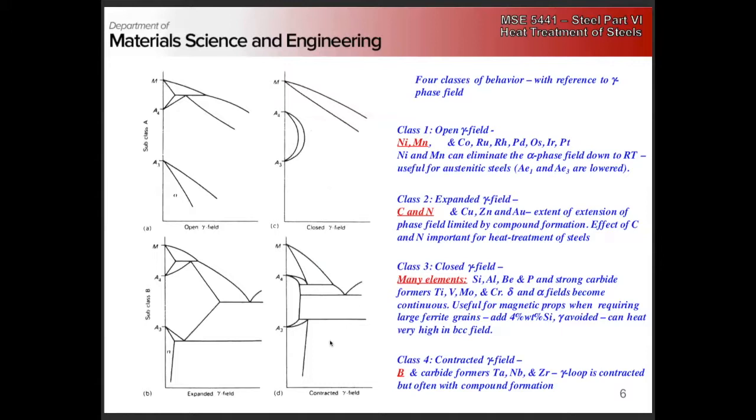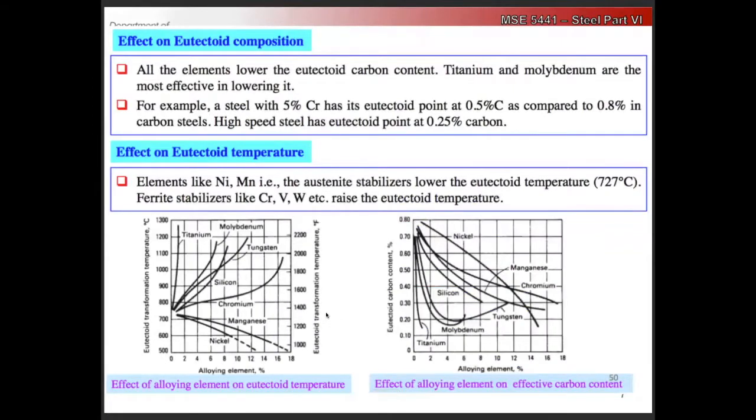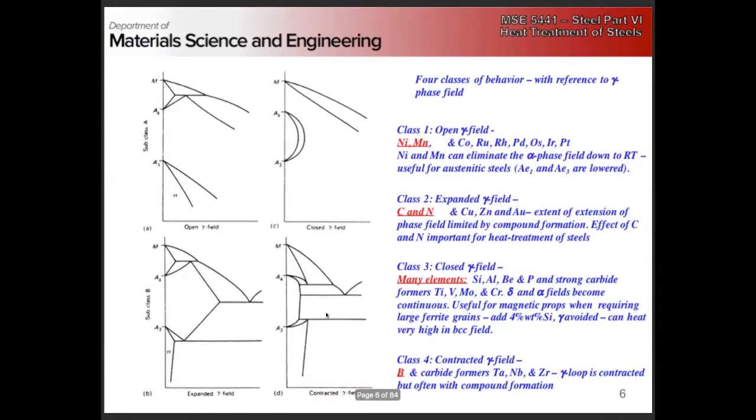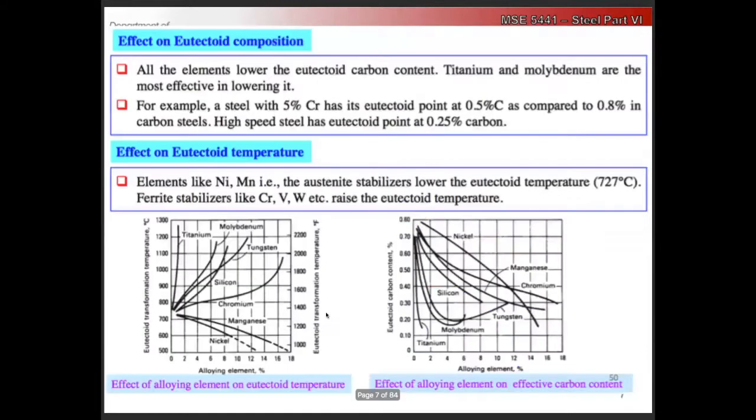And then a contracted gamma field, boron and other strong carbide formers. This loop becomes contracted, but we often have other phases that form in here, right? So we have intermetallic compounds that can form with iron in these alloying elements, right? So these are the general classes.